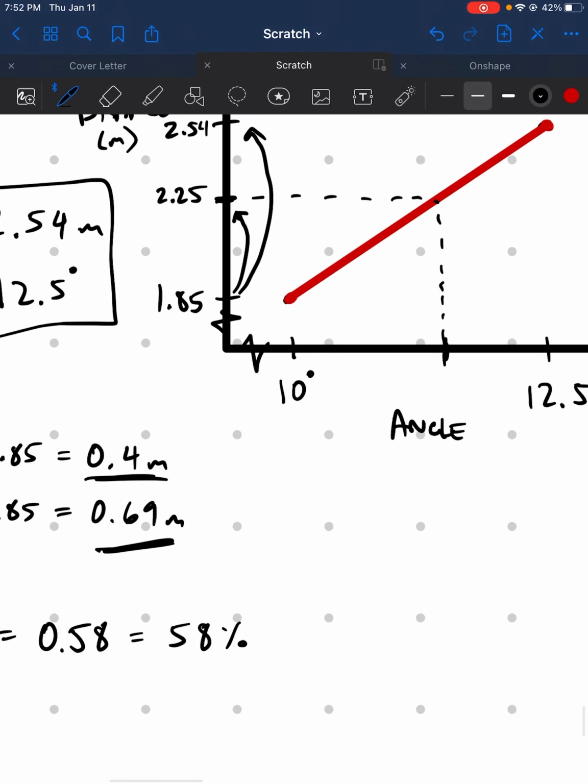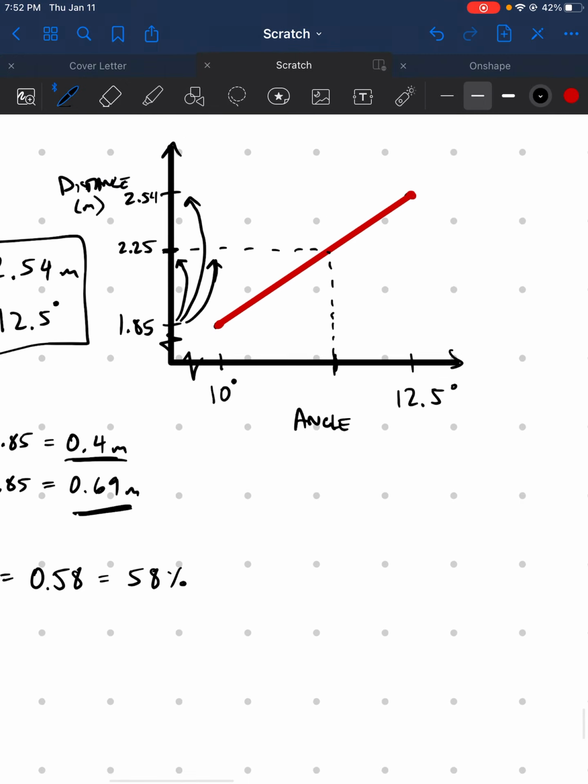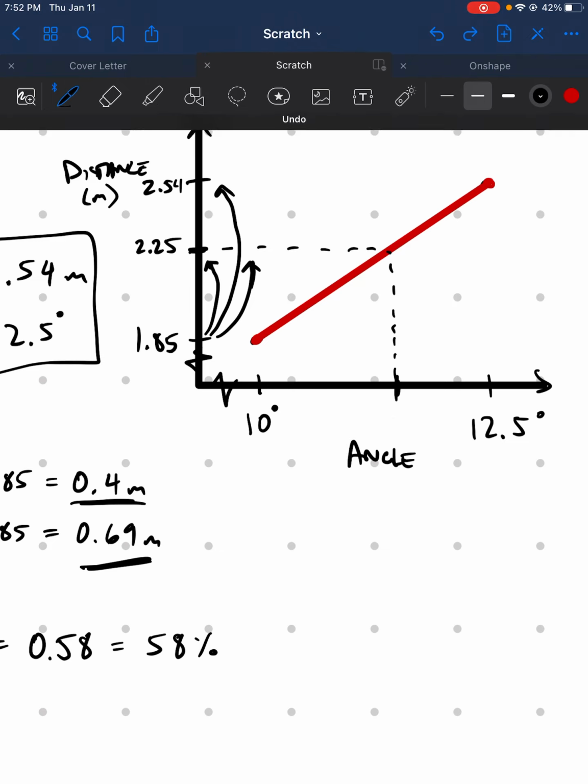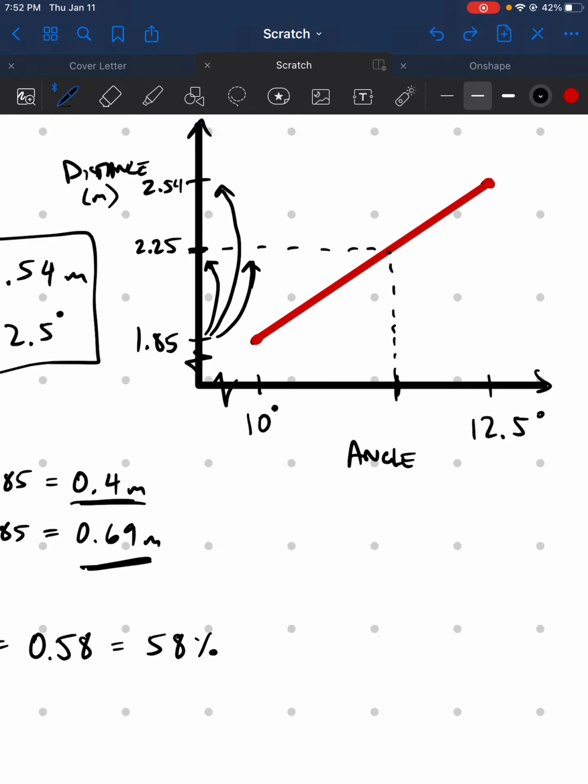So if this is a straight line, then if we go up this amount, these are different units, right? So you can't compare a meter to an angle, not in this context, but you can compare percentages of how much you increase here and how much you increase there, between the same 2 points.